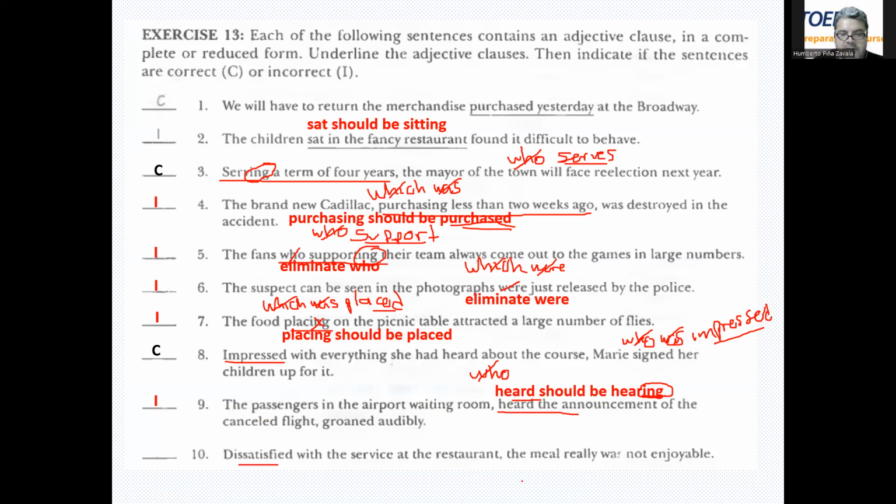Dissatisfied with the service of the restaurant, the meal really was not enjoyable. Here we have many problems, you know. This is an illogical reduction because the only one that can be dissatisfied is the people, but it doesn't mention the people. Then it mentions the meal, so there's really nothing here for us to do.